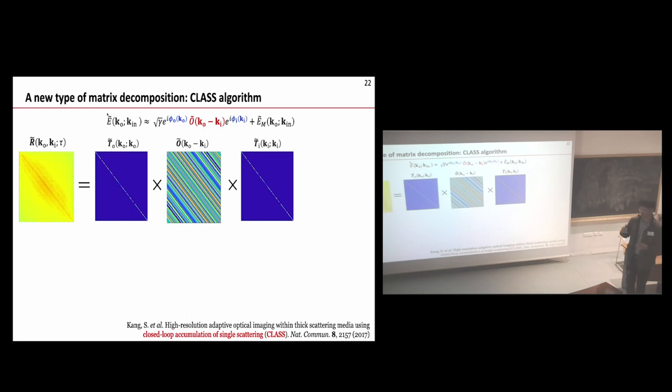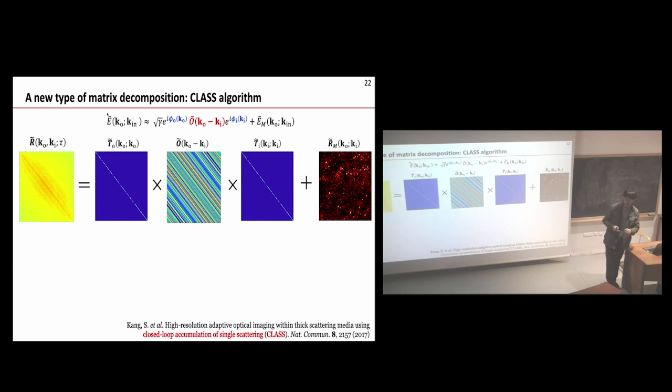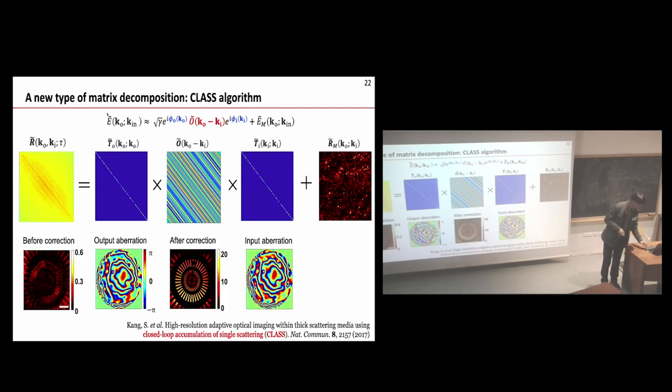In eigenvalue decomposition, you have power iteration or iterative time reversal, an iterative way of decomposing a matrix. So we introduce a new kind of iterative way of decomposing a matrix in a new form, which is relevant to imaging a sample. Of course, it excludes multiple scattering noise. And from each component, you can find the aberration and the object.